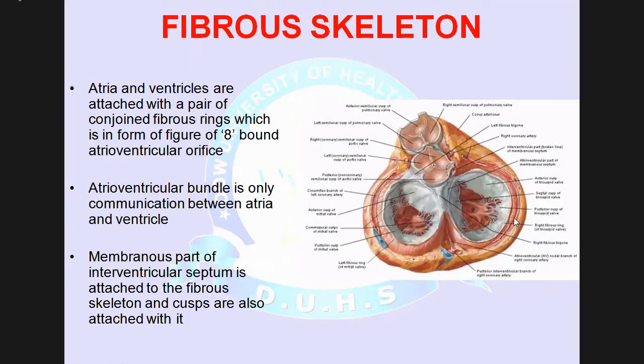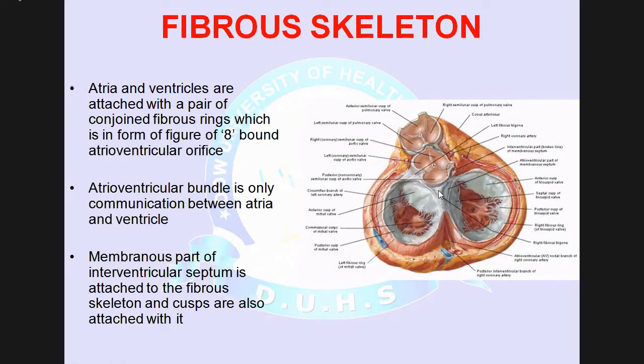The fibrous skeleton of the heart is in the form of a figure of 8. It is this fibrous skeleton to which all the 4 valves are attached, the right and the left AV valves, and the pulmonary and the aortic valves. Along with that, the membranous part of the interventricular septum is also connected to this fibrous region.